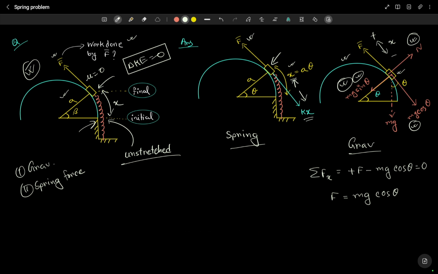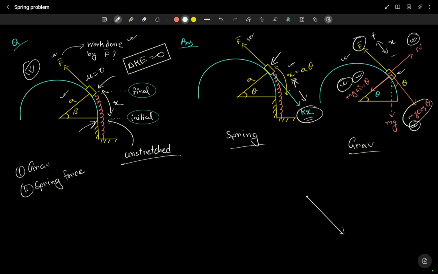So the total force in the x direction will be F, mg cos theta and kx, and we have to make a combination of these, not individually but simultaneously. Now if we try to draw a free body diagram of this object, it will turn out to be something like this.